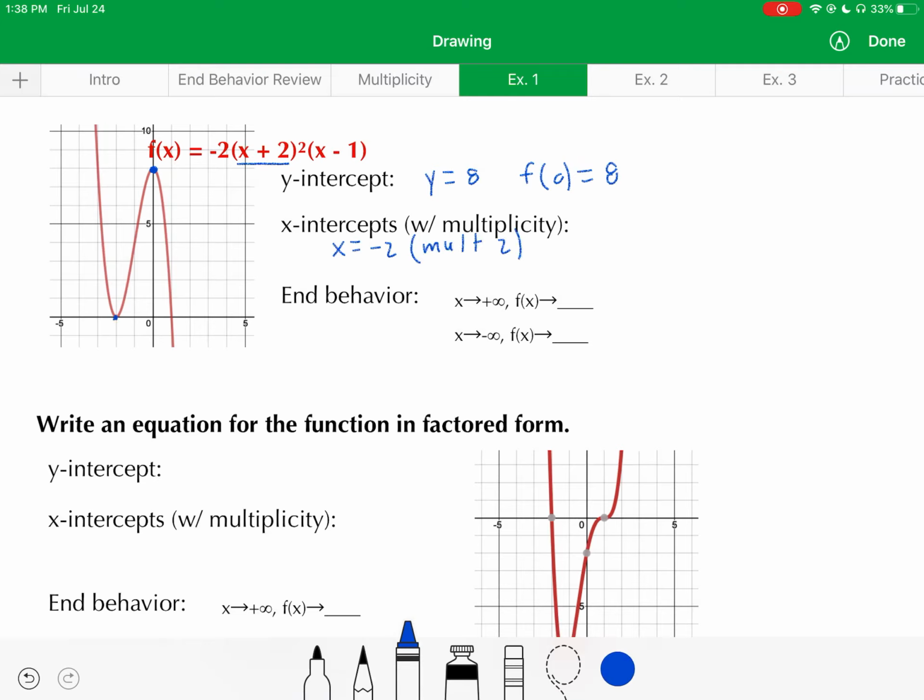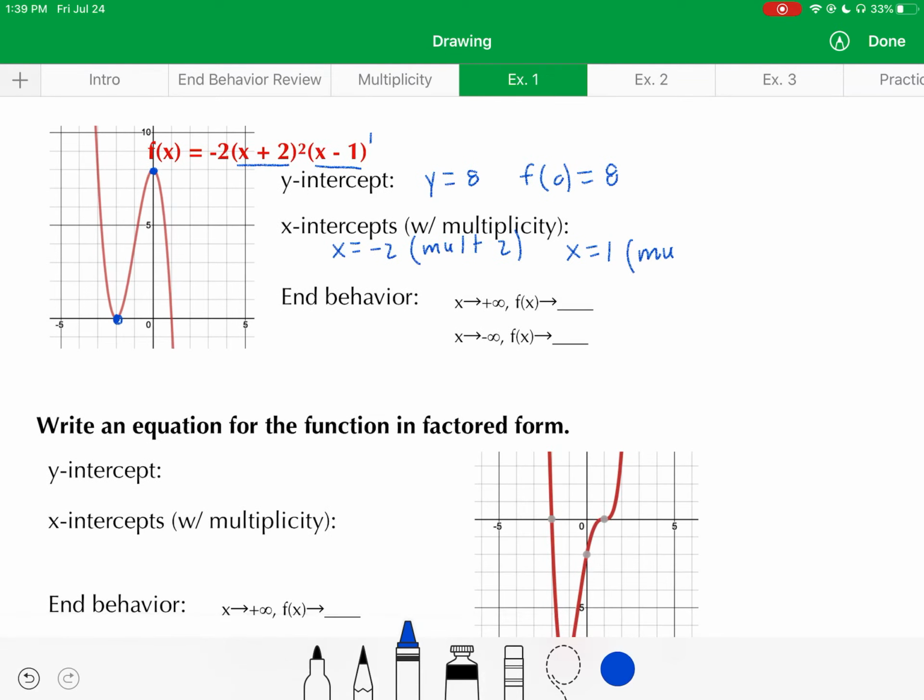So if you're looking at the graph, see how at x equals -2, you're touching and turning right back around. Your other x-intercept is at 1. That comes from this factor. It's being raised to the first power, so the multiplicity here is 1, and that's why at x equals 1, you're just crossing through to the other side of the x-axis.